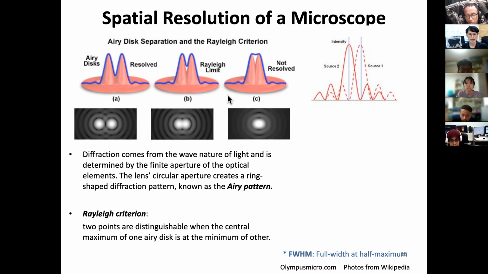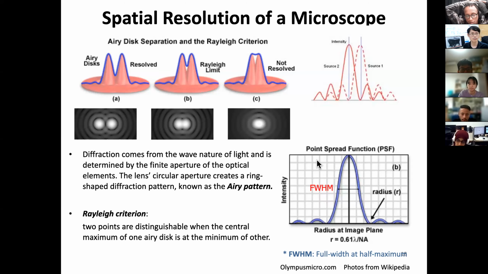But the important underlying physics for this is diffraction. That's coming from the wave nature of light, the bending of the light at this aperture, and because the aperture for us is finite, the lens's circular aperture creates this ringing diffraction pattern called the Airy pattern.